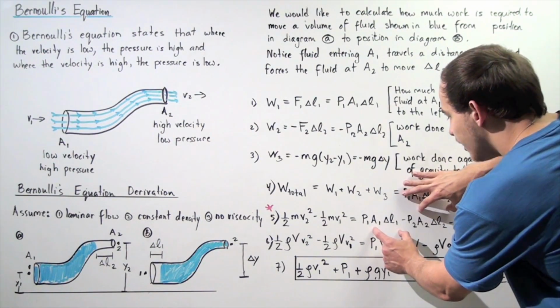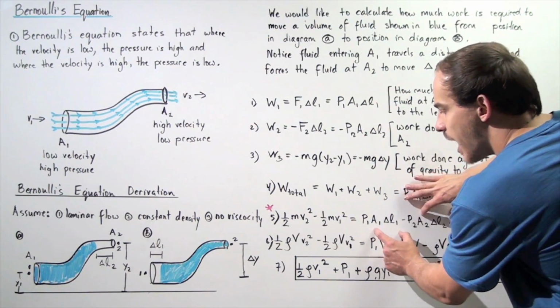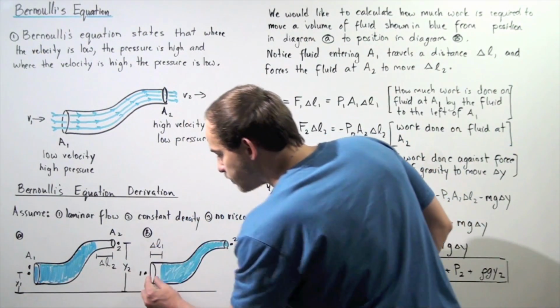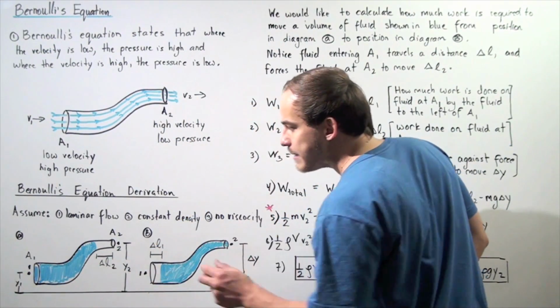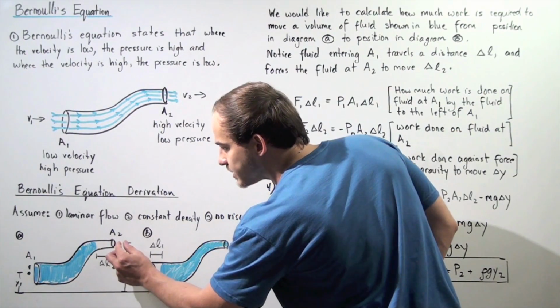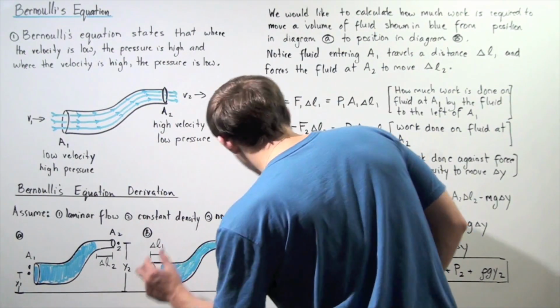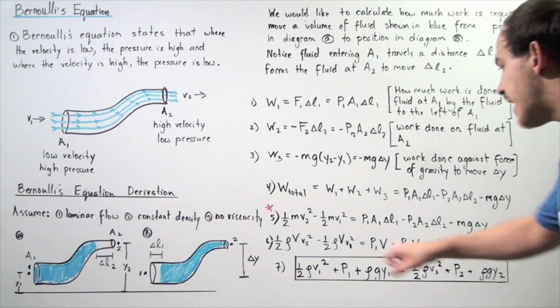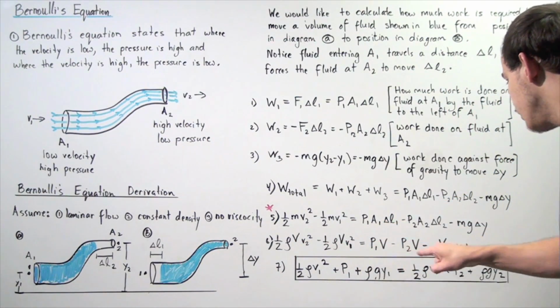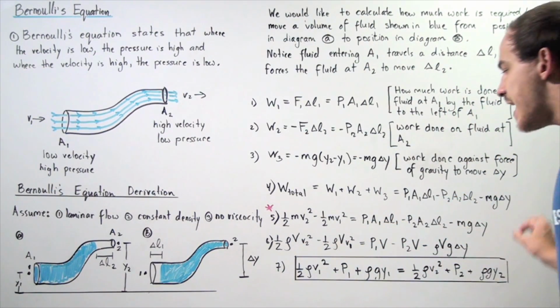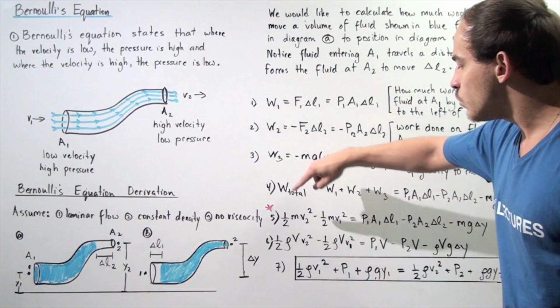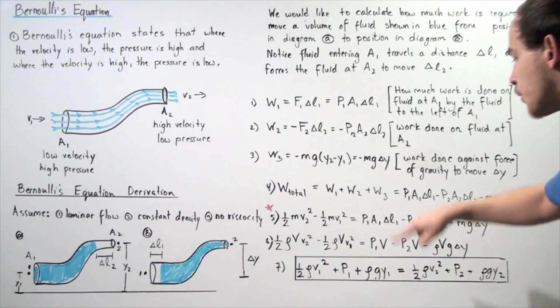And these two volumes are the exact same volume, because the volume that moves this distance is the same volume that moves this distance. So now we have volume appearing on every single term, and in fact, we can cancel those terms out.